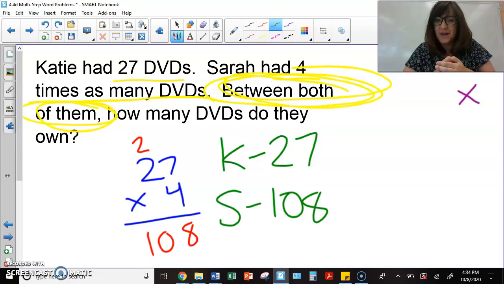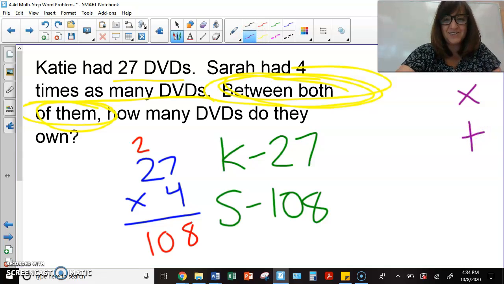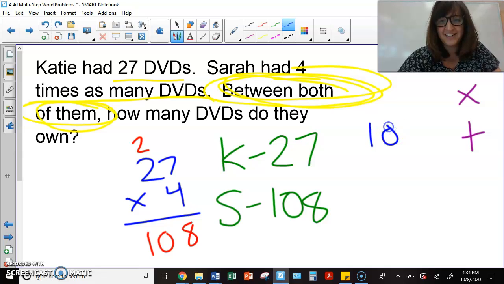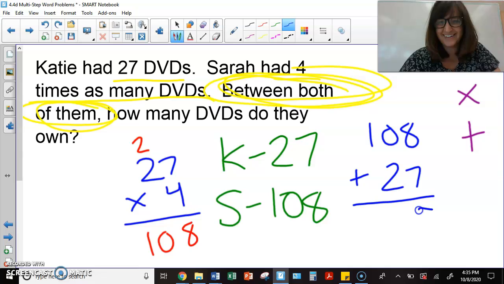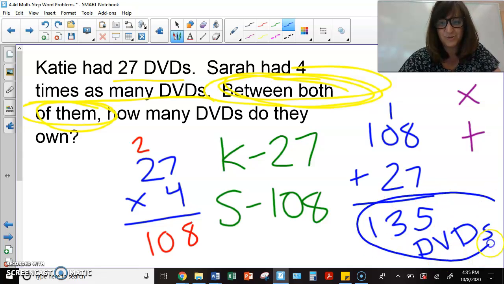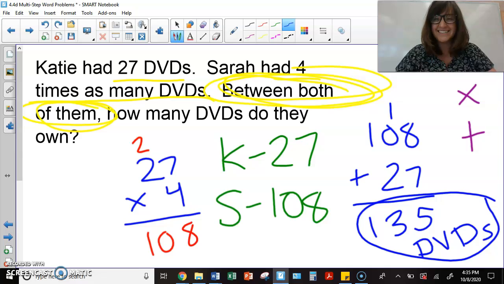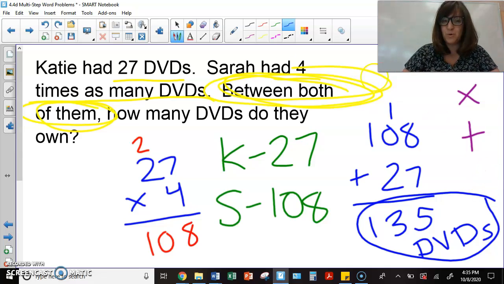Between both of them, you got to put it together, which means you need to add. Okay, so that means I'm going to take 108 plus 27, and I get 135 DVDs between the 2 of them. So just because you see 2 numbers doesn't mean it's only one step. You sometimes have to do something more.